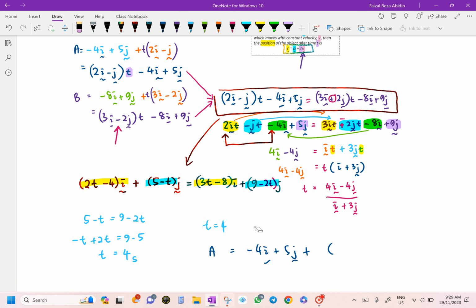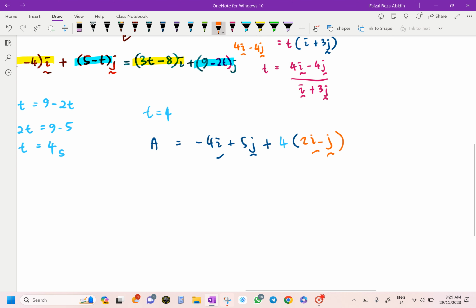Sorry. Dia akan dapat apa? 4i, this one is 8i. Ni dululah, kembangkan dulu. Okay, sorry. Negative 4i plus 5j. This one, dah habis masa, saya tahu, sorry. 4 times 2, 8i. 4 times with negative j here, negative 4j kan?